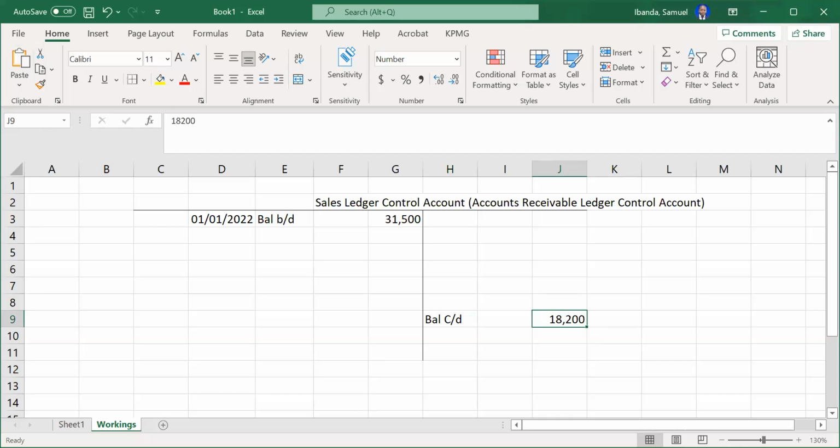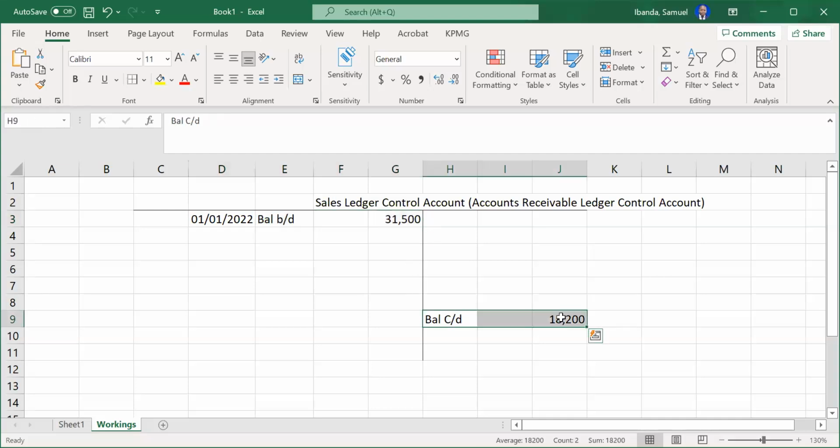This is actually the right approach. Why? Because we know that this is a debtors or accounts receivable contra account, and debtors, of course, have a normal debit balance. Even if this is not the main debtors account, the way we treat debtors here, if it's a balance brought down, it will be debited and this will be credited.